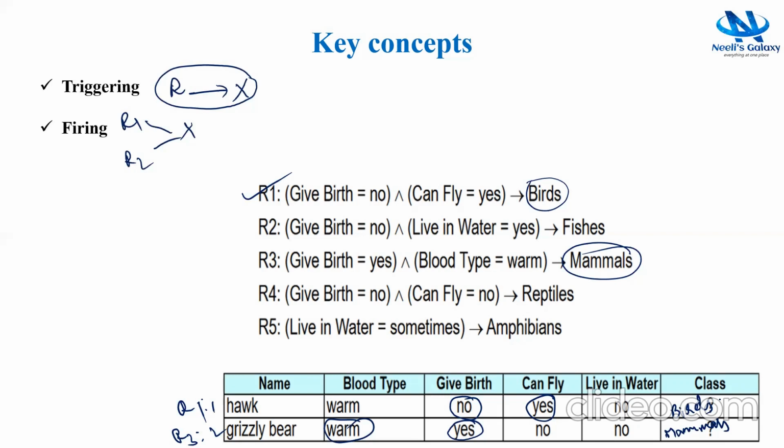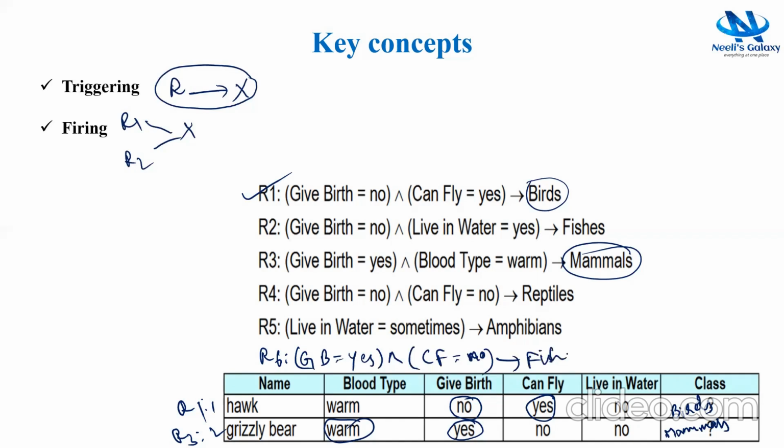What if there is more than one rule? One extra rule is there here. Let us take that we have one more rule in the rule set, which says: gives birth is equal to yes, and can fly is equal to no. If this is the case, the class is fish.